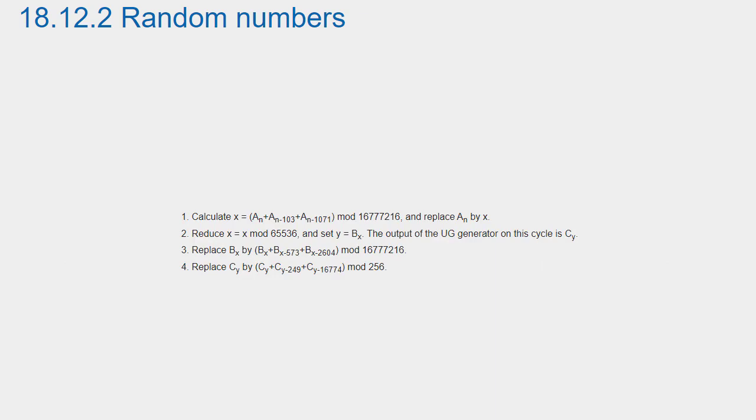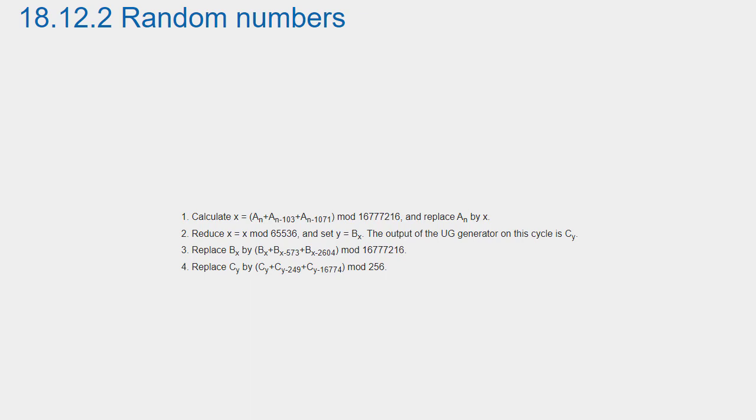Calculate x equals a_n plus a_(n-103) plus a_(n-1071) mod 16,777,216 and replace a_n by x. 2. Reduce x equals x mod 65536 and set y equals b_x. The output of the UG generator on this cycle is c_y.